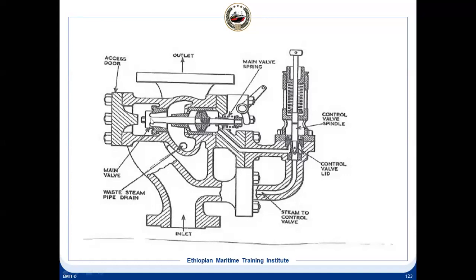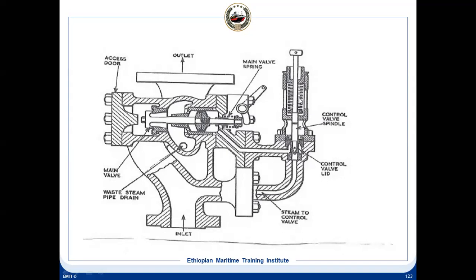The main safety valve is pushed into place by the steam pressure only, in addition to the main spring valve. The purpose of the main spring valve is just to keep the main valve shut when the boiler pressure is zero, that means the boiler is laid up. But once the boiler starts firing, the main steam valve is pushed shut due to the steam pressure. But what happens if this starts feathering?